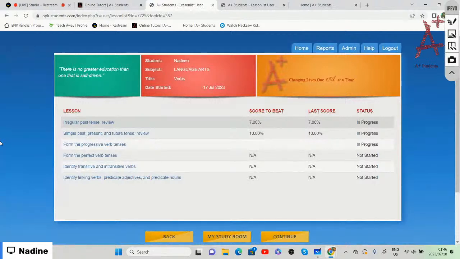For simple present tense, we have singular verbs as well as plural verbs, and we need to know when to add s or not add it at all. And then we have progressive verb tense, which shows ongoing action, whether in the present, the future, or the past.